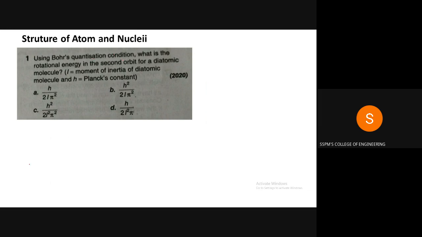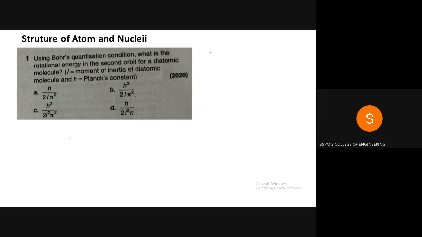Using Bohr's quantization condition, what is the rotational energy in the second orbit for a diatomic molecule? Okay. What is rotational energy? Rotational energy is given where I is moment of inertia of a diatomic molecule and h is Planck's constant.